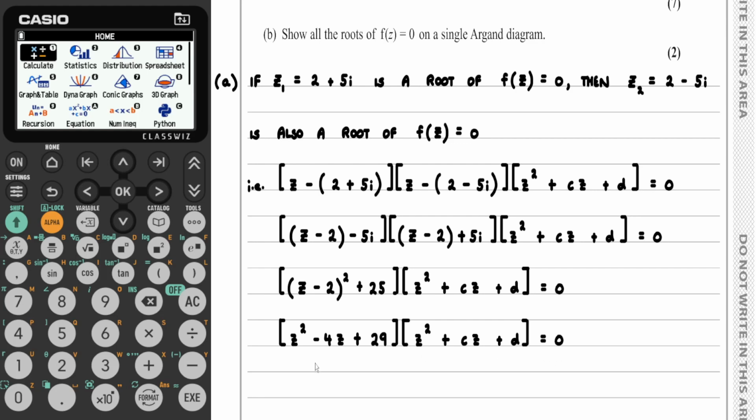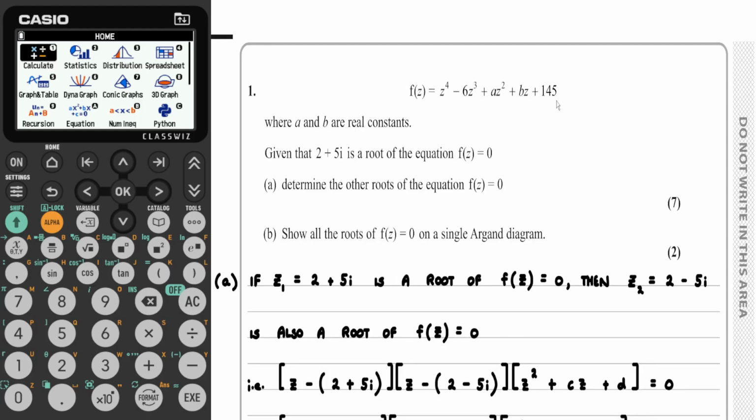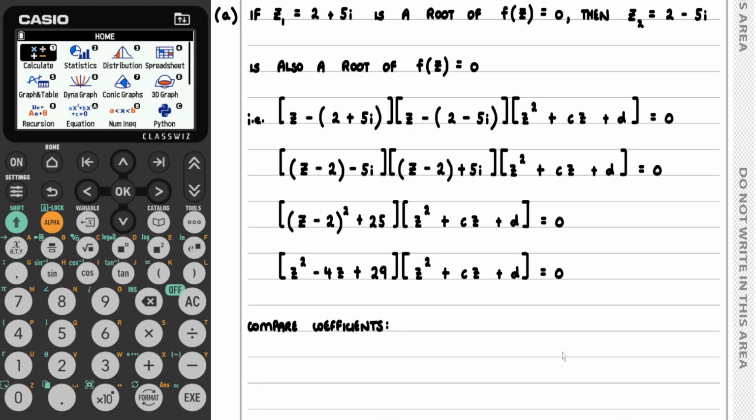And what we need to do is find out what c and d are, and we can do that by comparing coefficients. So we need to compare this with this over here. Let's take a look at the z cubes.